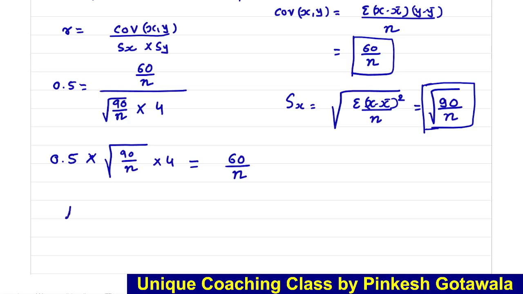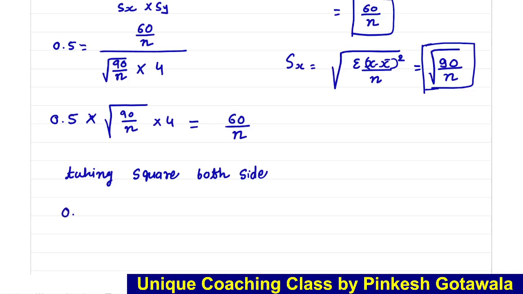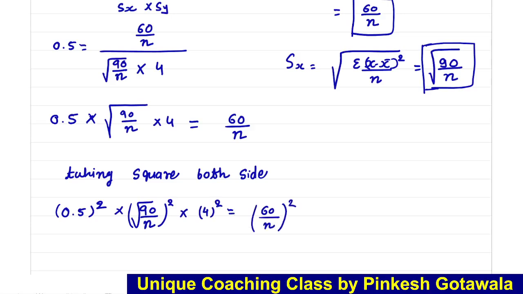Okay, taking square both sides. So here 0.5 square, and all the numbers will be squared. This side 4 square, here 60 divided by n whole square.